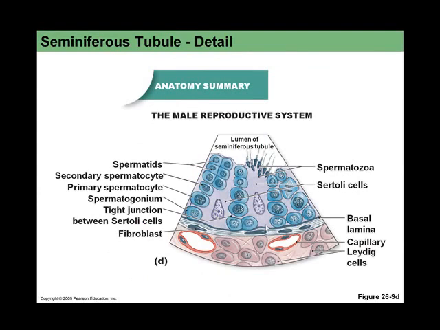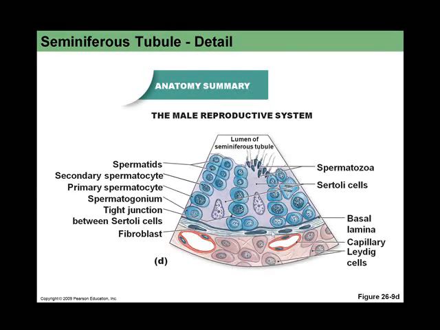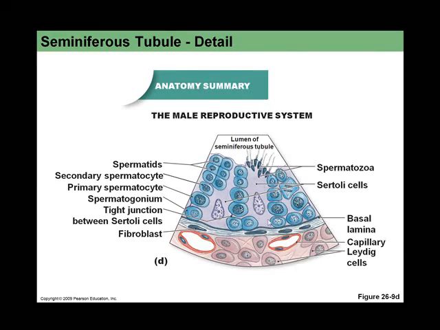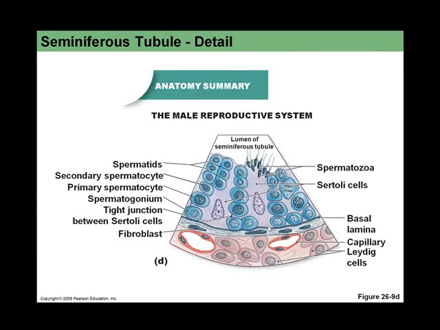So what we are proceeding to envision is the LH and FSH diffusing out of the capillary plasma and bouncing around in here and passing through this connective tissue capsule. And if there is a cell that expresses the receptor, like the Sertoli cells or the sustentacular cells, both the same name for the same cell, they will have the FSH receptors, and then these cells will express the LH receptors.